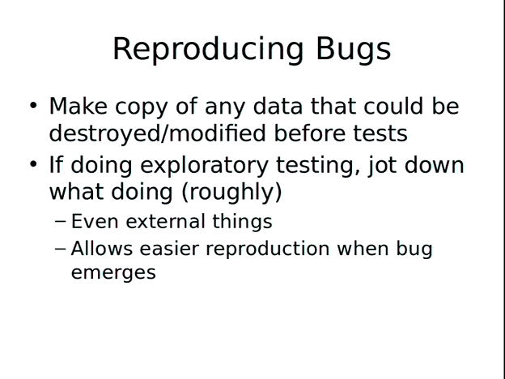Well, if the test depends on some initial state, maybe you reproduce it that time, but how are you going to reproduce it again if you can't recover that initial state? So you make a copy so that you can easily get back to the state if you are successful in getting the bug, or the failure, to be triggered.